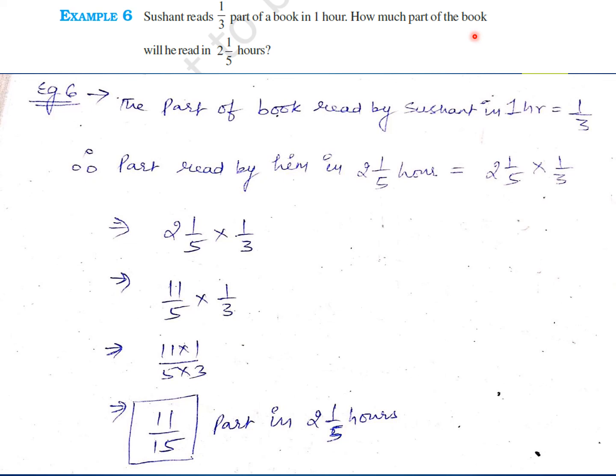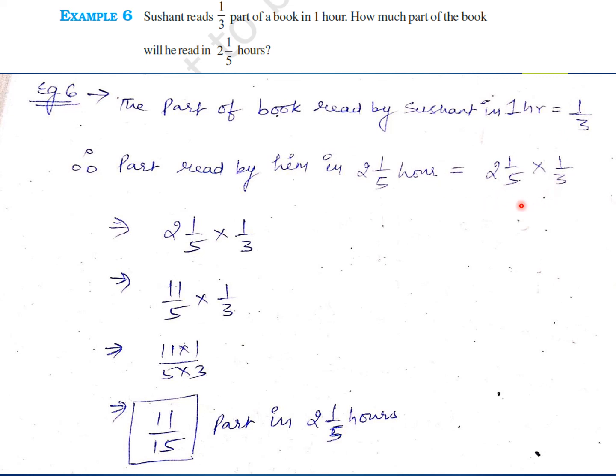Just pay attention. So given to us is the part of book read by Sushant in 1 hour is how much? 1 upon 3. We have to find part read by him in these many hours. So in 1 hour this much. So in these hours is 2 1 by 5 into 1 by 3.